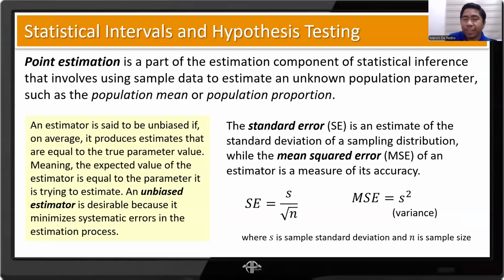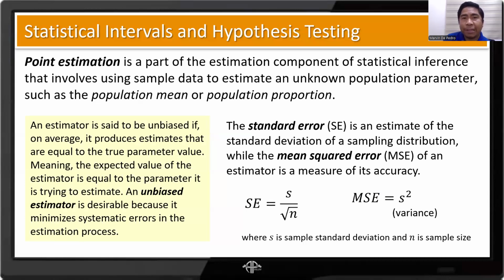When we are considering only point estimates, then we are doing point estimation, which is a part of the estimation component of statistical inference that involves using sample data to estimate an unknown population parameter, such as the population mean, the population proportion, or even the variance.